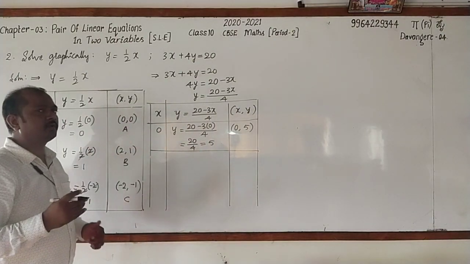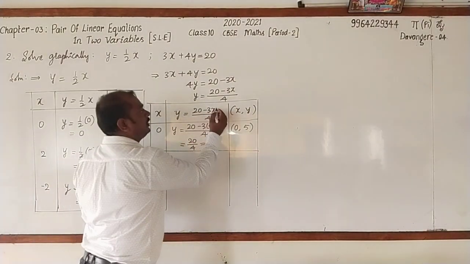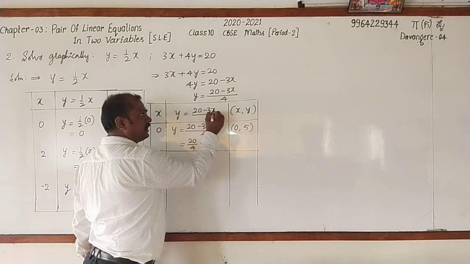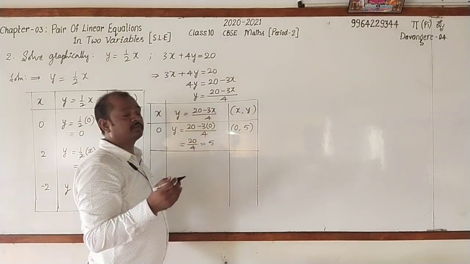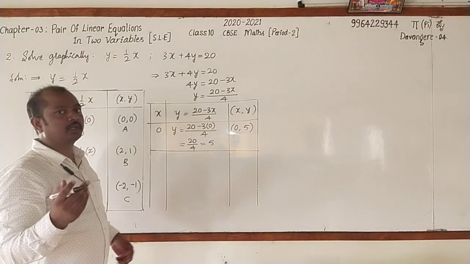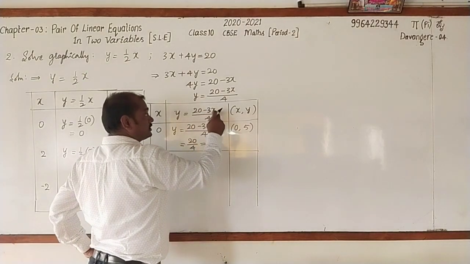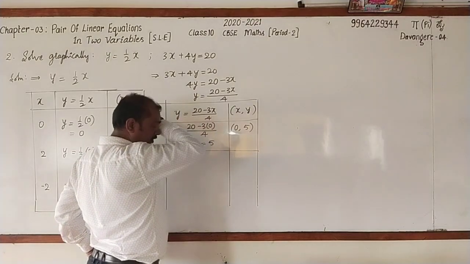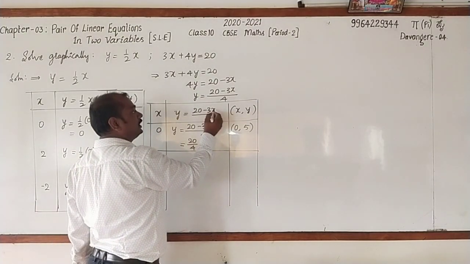Next, can we go for taking 1? See that. If you take 1, 3 ones are 3. 20 minus 3 is 17. 17 is not divisible by 4. You cannot take it. Next, minus 1 cannot be taken. Then you can go for taking 2.